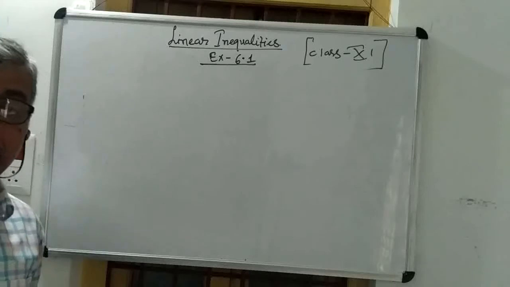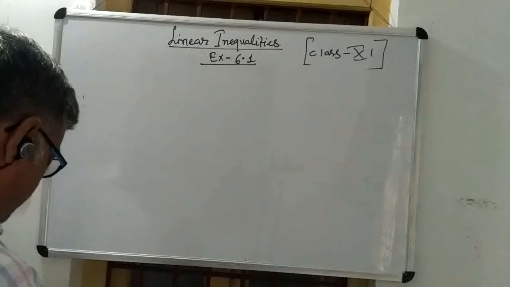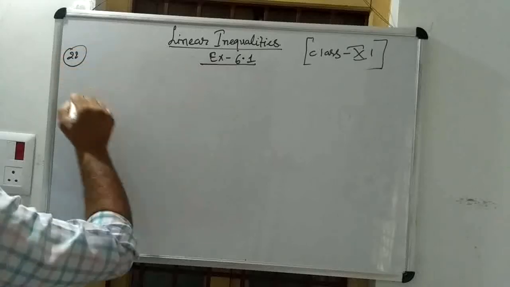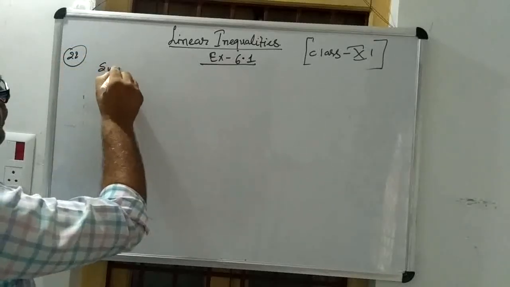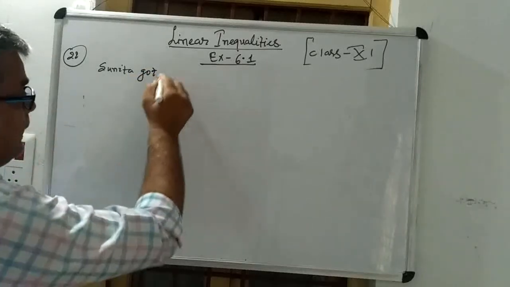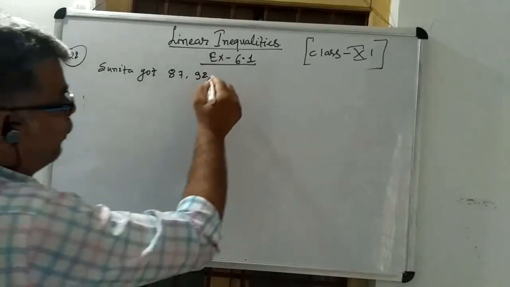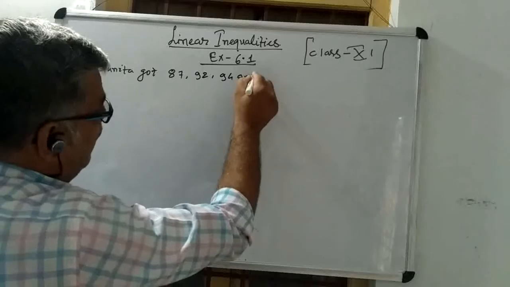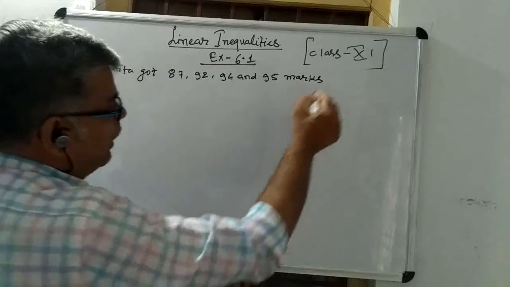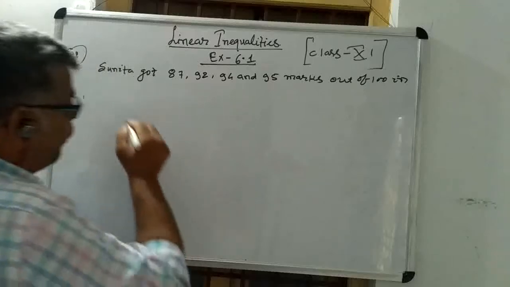This is also similar to question number 21. In the first four examinations, Sunita got 87, 92, 94 and 95 marks out of 100.